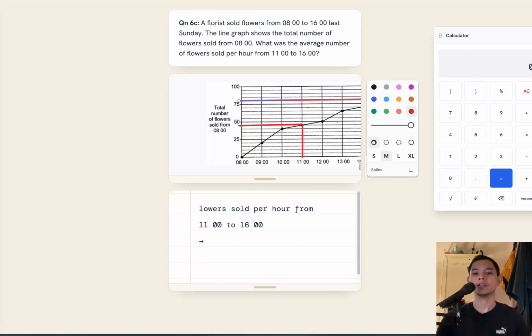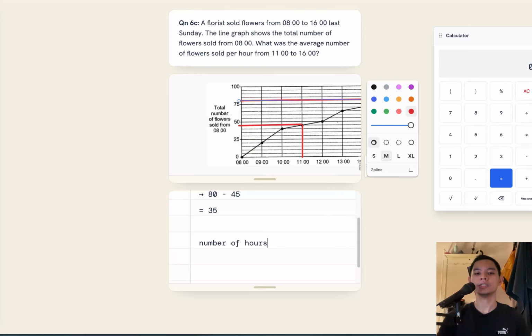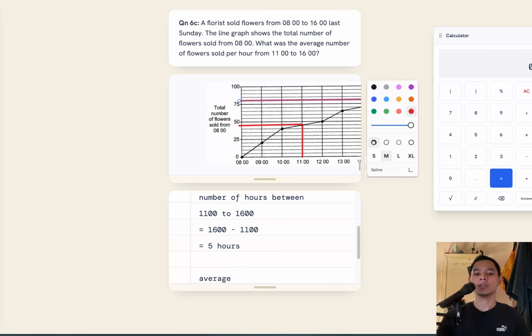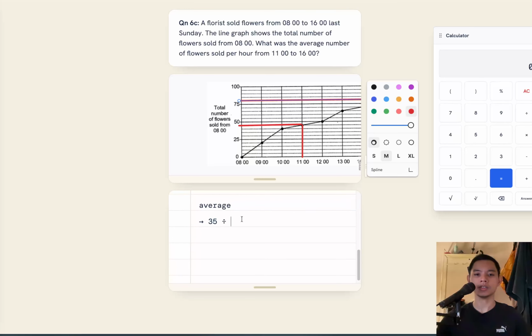So 80 minus 45 is 35 flowers sold. Note that we want flowers sold per hour. The number of hours between 1100 and 1600 is 1600 minus 1100, which gives us 5 hours. So the average is 35 divided by 5, which is 7 flowers per hour. There you go, that's the answer.